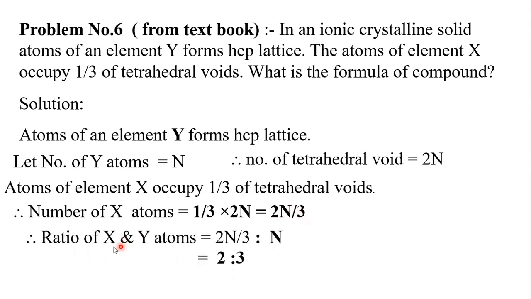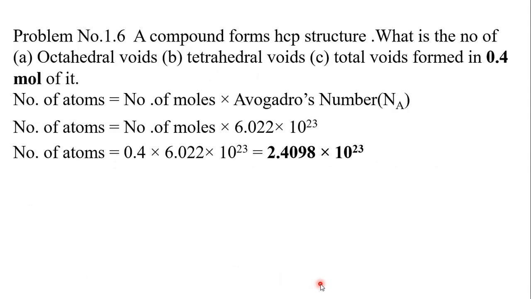So what will the ratio be? Ratio of X and Y is equal to 2N divided by 3 is to N. N cancels, what remains? 2 is to 3. That is nothing but what? Formula of the compound, that is X2Y3. Formula of the compound is therefore X2Y3.